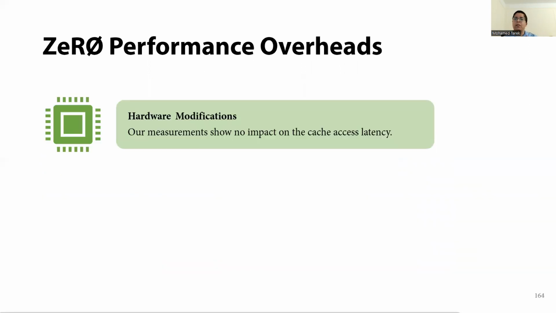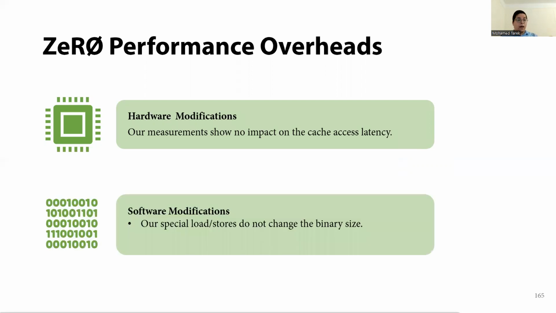Similar to CaLiForms, ZeRØ has no impact on the cache access latency. At the software level, ZeRØ special load and store instructions use the same number of registers as regular loads and stores, basically introducing no changes to the binary size. The only exception is our clear meta instructions, which are used to clear the metadata bits upon object deallocation or deletion.